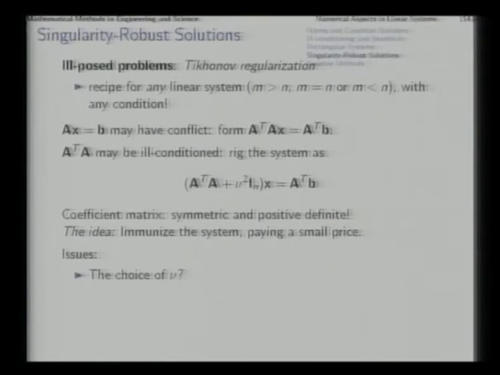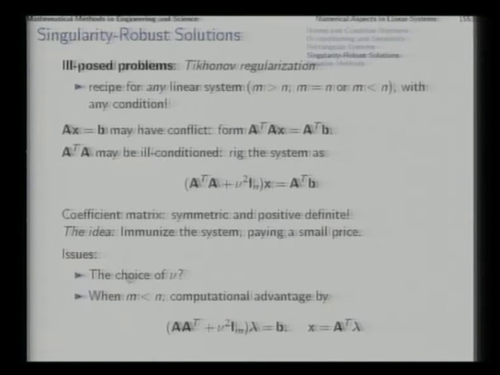So, the issues are the choice of nu, which is in your hand, and another small issue: if m is smaller than n, that is, the number of equations is less, then rather than handling an n by n matrix here, you could get computational advantage by considering an equivalent system. Rather than solving this, you could solve this.